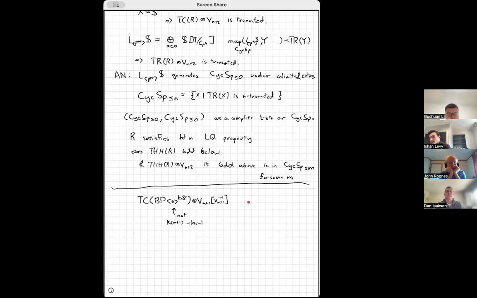But on the other hand, the thing that you'd be comparing it to, which is TC of BP<n> to the BZ, it turns out that this one is K(n+1)-local.